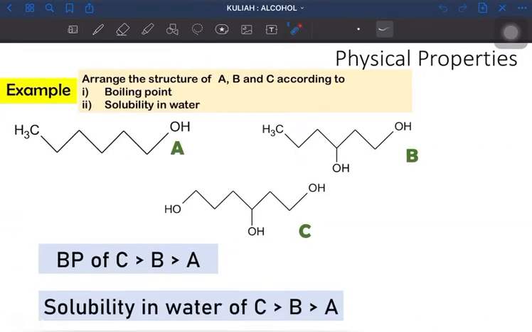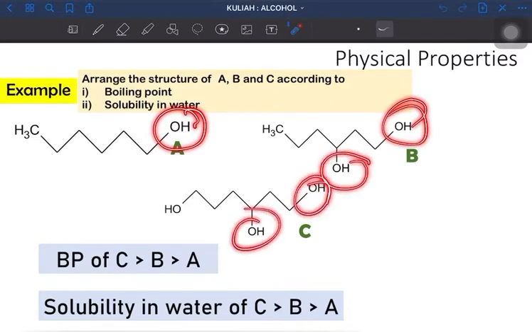So kalau kita tengok sini, kita kata kat sini arrange the structure of A, B, C according to the boiling point and the solubility of water. Okay, so kita tengok dulu yang mana yang paling sikit dia punya OH. Okay, so dekat sini OH 1, sini ada 1, 2, sini ada 1, 2, 3.